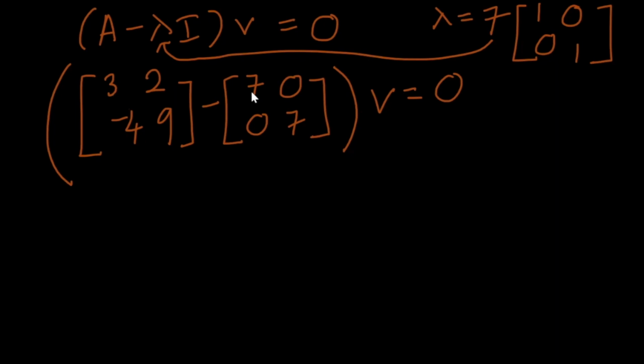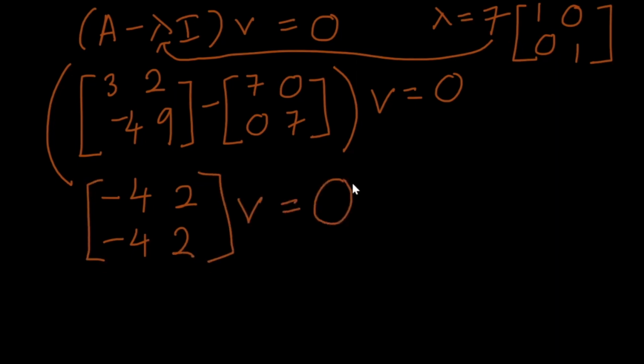So 3 minus 7 would be -4. 2 minus 0 is 2. Minus 4 minus 0 is -4. 9 minus 7 would be 2. So we have this matrix multiplied by V equals 0. Remember Gauss elimination when we solved AX equals B?